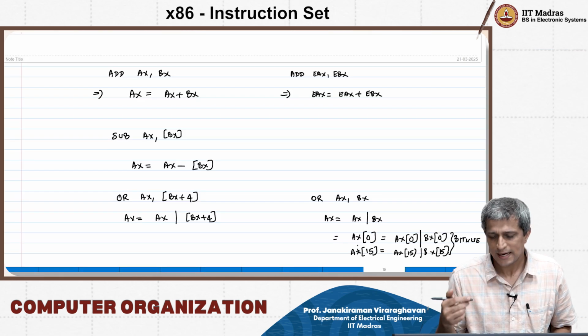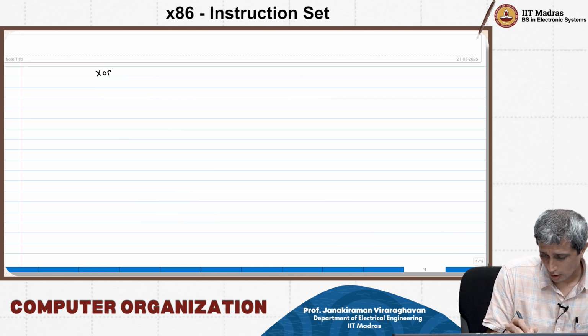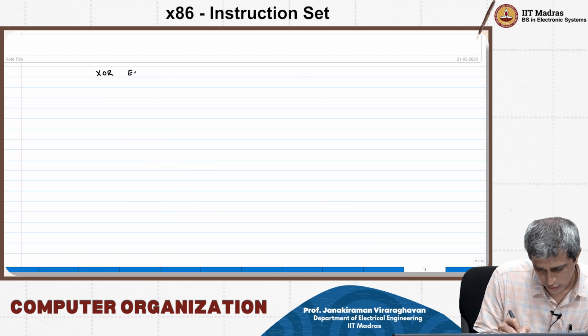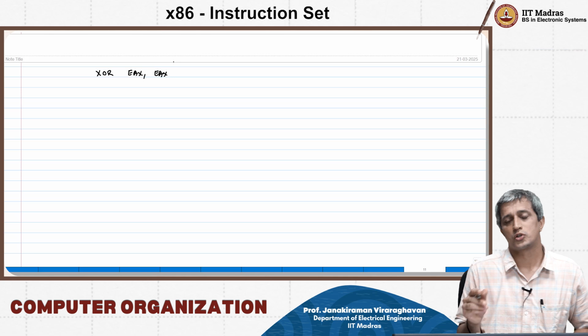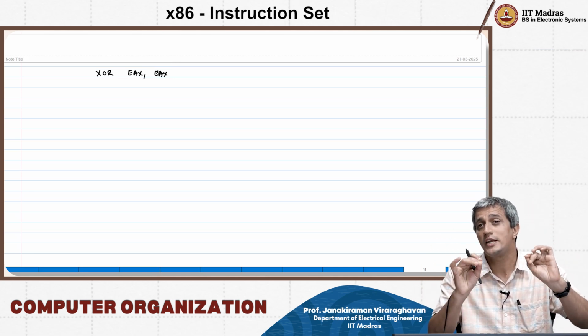Now, there is an operation called XOR in x86. If I do XOR EAX, EAX, it does not matter what value was originally in EAX.